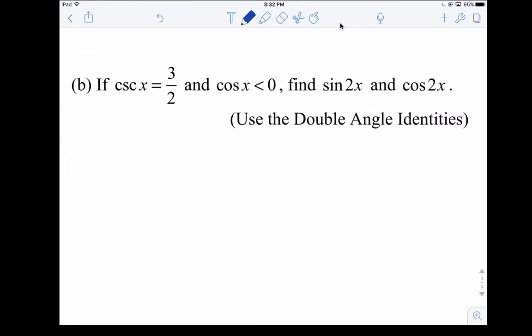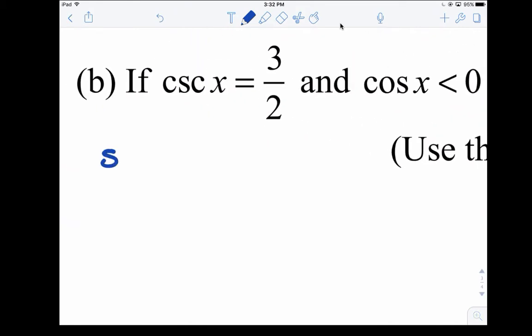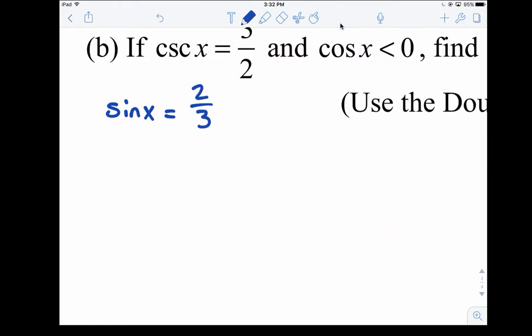And then for part B, it says cosecant is 3/2 and cosine is negative. Find sine of 2x and cosine of 2x. So for both of these, I need the sine ratio and the cosine ratio. So sine of x is the reciprocal of cosecant, so that's going to be 2/3. And then it says cosine is negative.